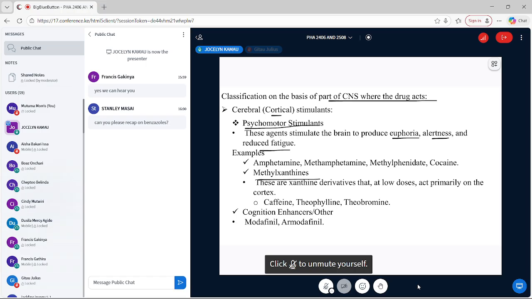Because let me tell you, we are heading to Sodom and Gomorrah. Things are very bad. Anyway, that's a story for another day. But when I discuss these things, I like telling my students, this information, let it not be for nothing. You come through university, you learn about drugs.